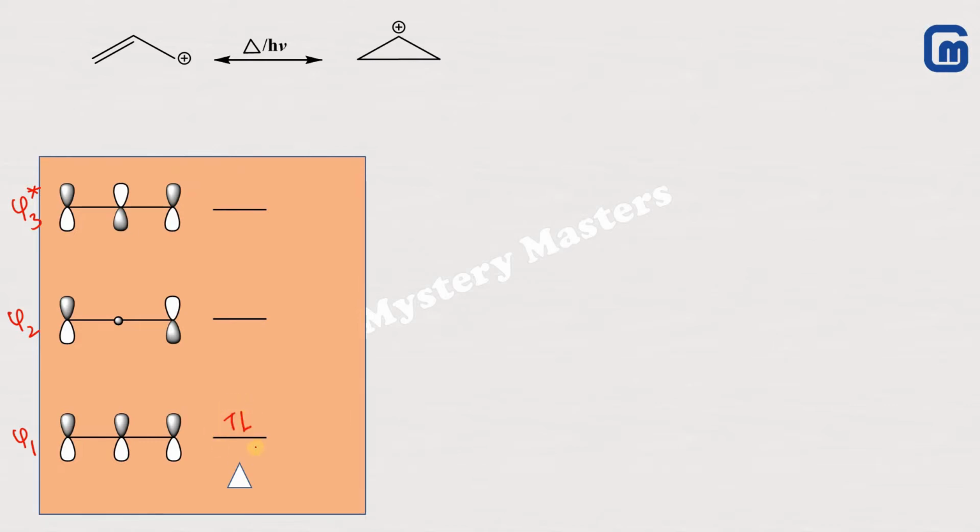So this molecular orbital where the electrons have been completely filled is your HOMO, while psi2 will be LUMO. And we already have discussed in our previous videos also, whenever in electrocyclic reaction the ring closing is happening, the HOMO is the orbital which is undergoing the ring closing.